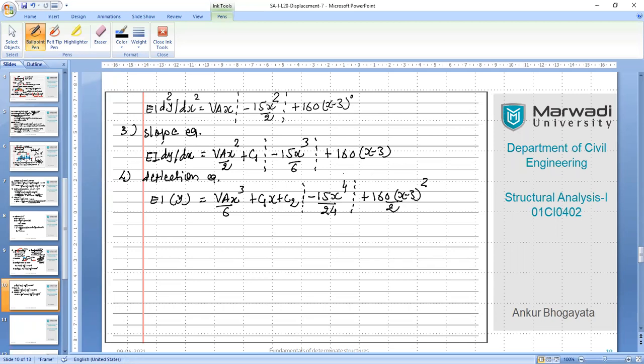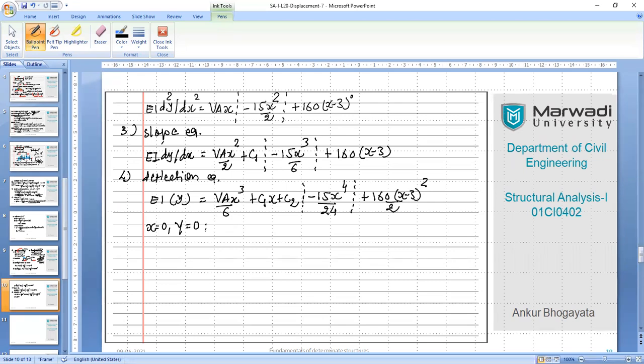Now let's try to evaluate the constants. So let's put boundary conditions. x equals 0, y becomes 0. So when x is 0, the other terms become 0 again, and x minus 3 becomes a negative term, so it is avoided.